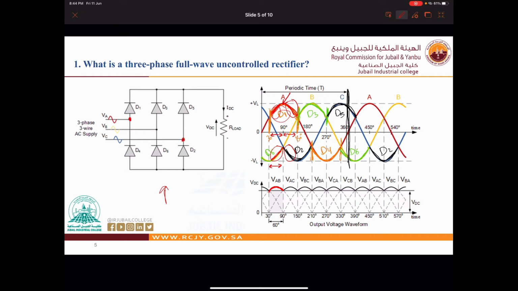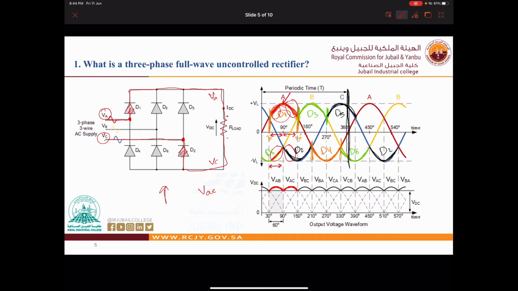The current goes through D1, through the load, and through D2 back to VC. Now the voltage is between VA and VC. Here should be VA because it's the positive side of the load, and here we have VC. So the voltage difference between the phases should be the line voltage VAC.